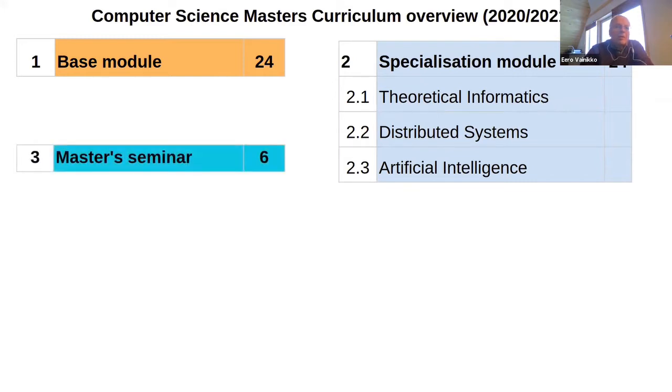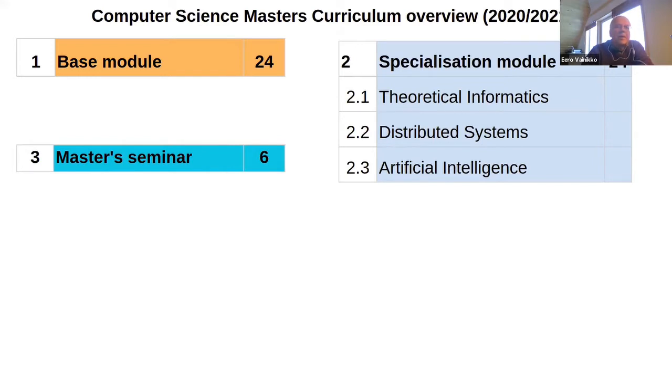Then there is a module of master seminar, which is 6 ECTS, where you will be studying some subject of your choice, and you do it over 2 semesters usually, because it's a 3 credit course, and different chairs at our institute have their own seminars.